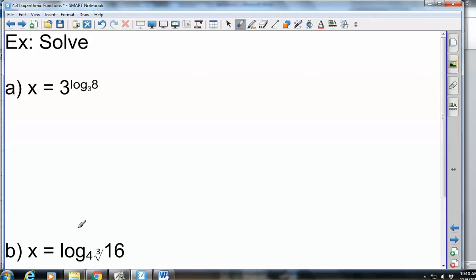If I said x equals 3 to the log base 3 of 8 power, what happens? Yeah, the 3 and the log base 3 drops, so you just have x equals 8.